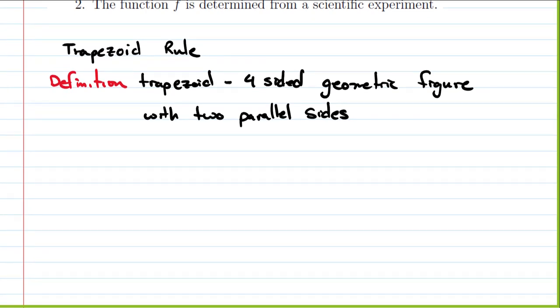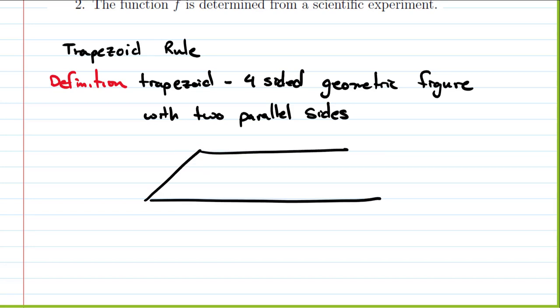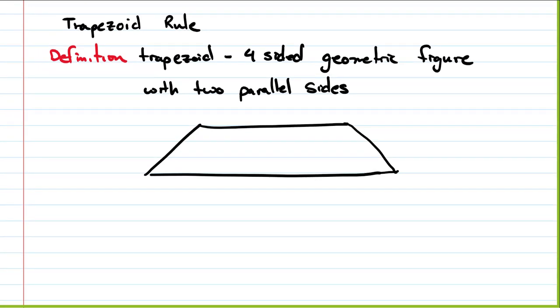To remind us, if I were to have, say, something that looked like this, this would be an example of a quadrilateral, and specifically a trapezoid.